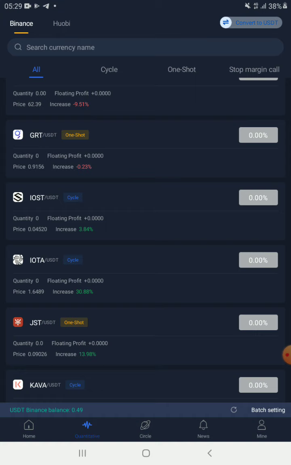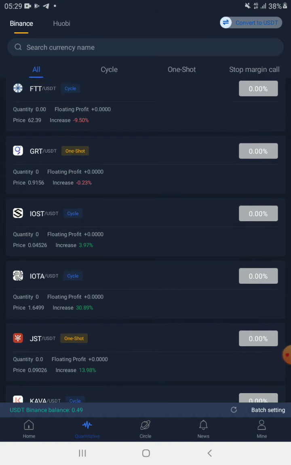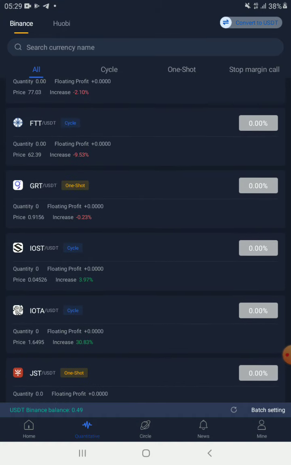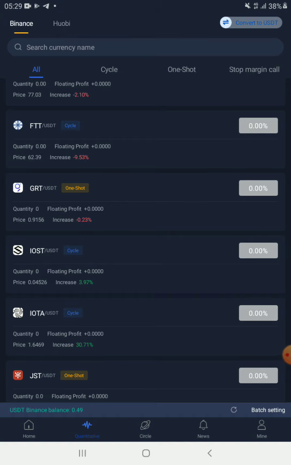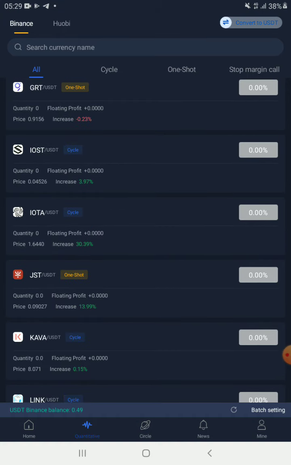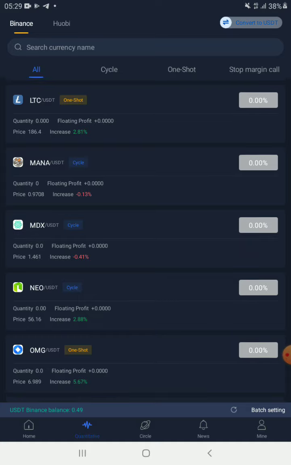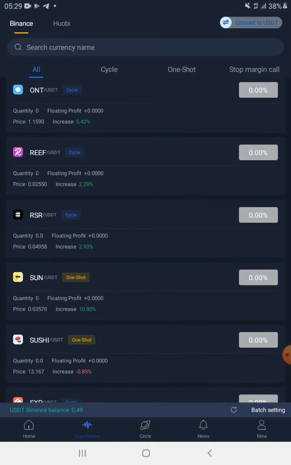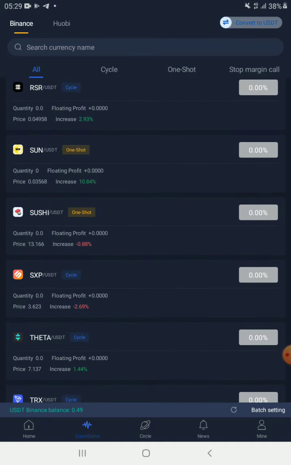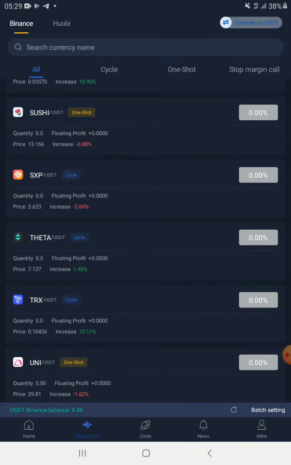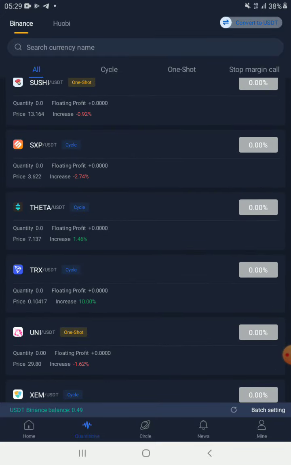You can see GLT is minus 0.23, FTT is minus 9.5. So you go through all the negative coins, Sushi is minus 88, SSP.